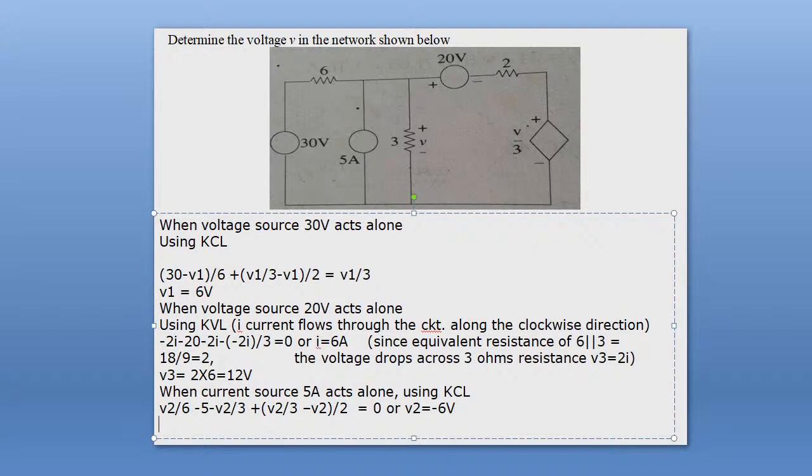So finally we can write V equal to V1 plus V2 plus V3. So equal to how much? 6 minus 6 plus 12. So equal to 12 volt. Okay, any doubt, any confusion?